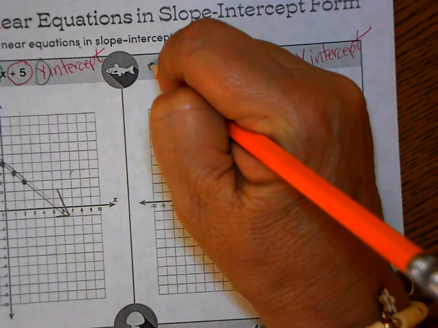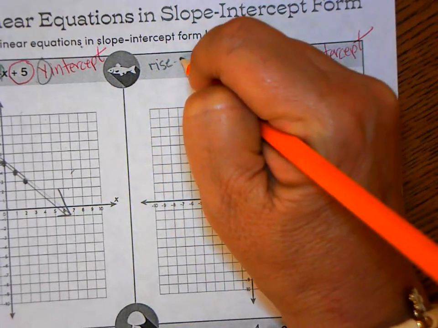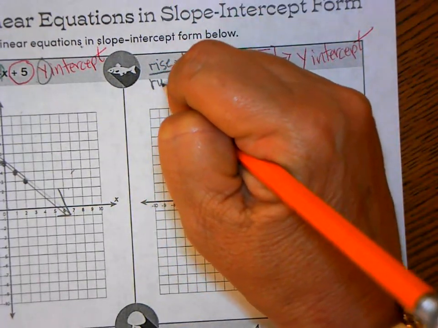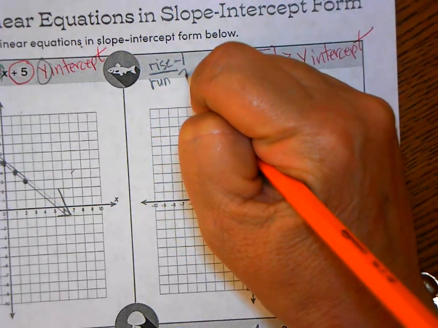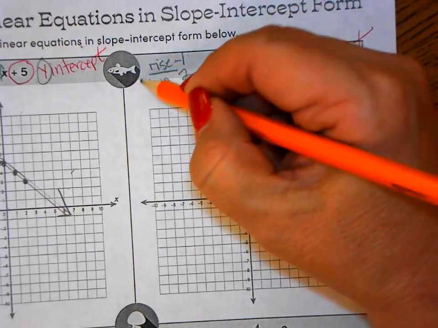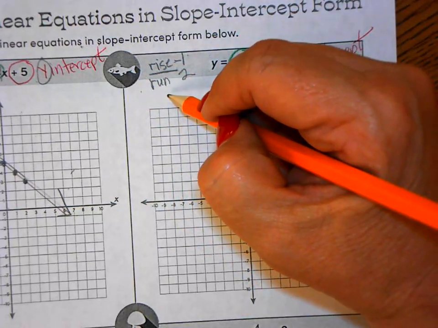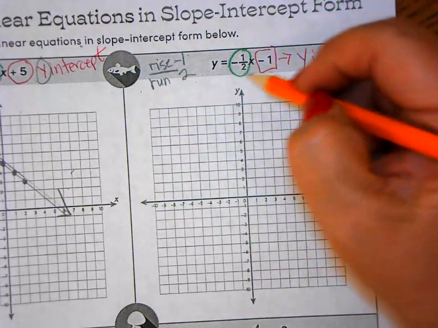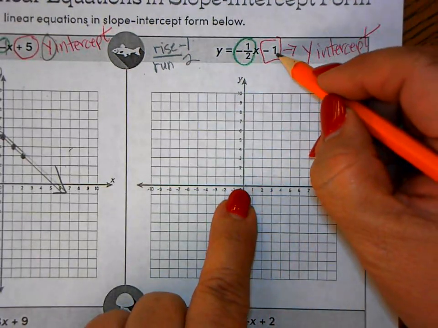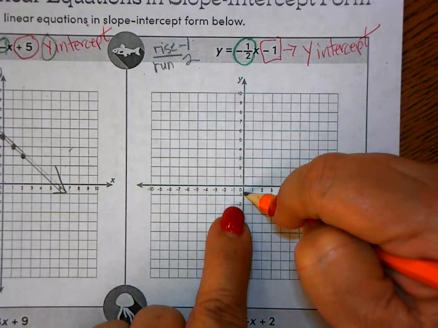I have my rise of -1 and my run of 2. So the change in y is -1. The change in x is 2. Now I'm going to start plotting. Starting at my point of origin, I'm going to plot -1, and it's right here.